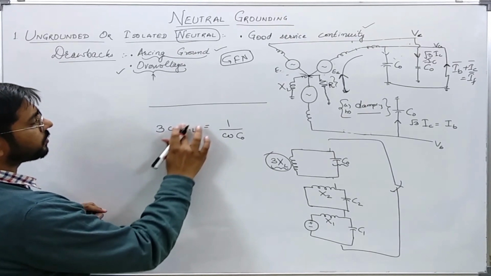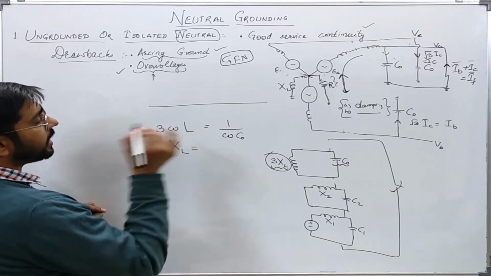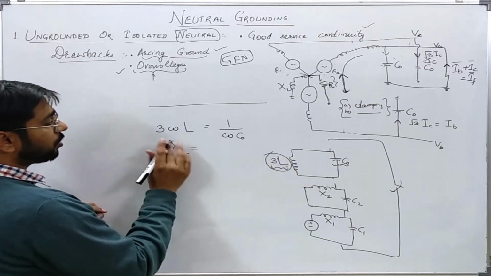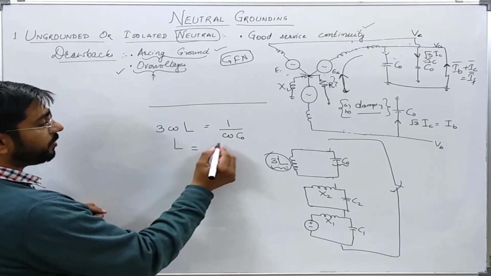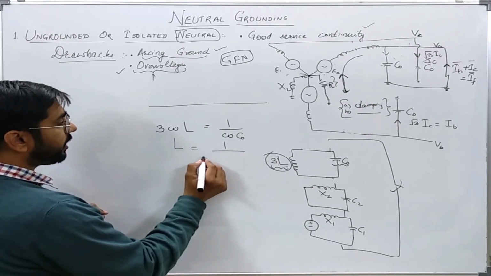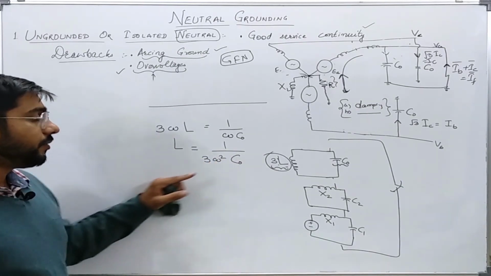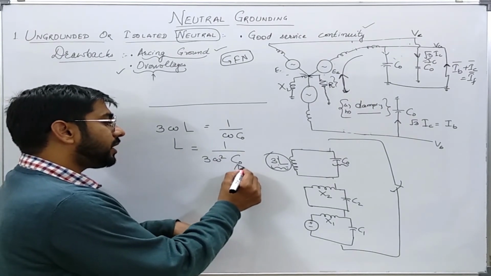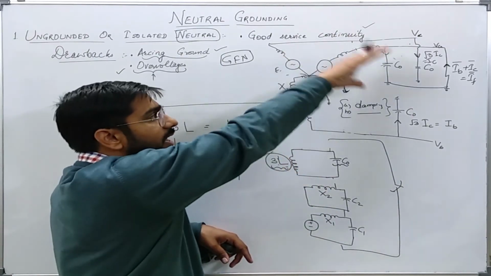Instead of writing XL I should write only L, the inductance, to avoid any confusion. In this nomenclature, L should be equal to 1 by 3 omega square C naught, where C naught is the equivalent zero sequence capacitance for the entire network.